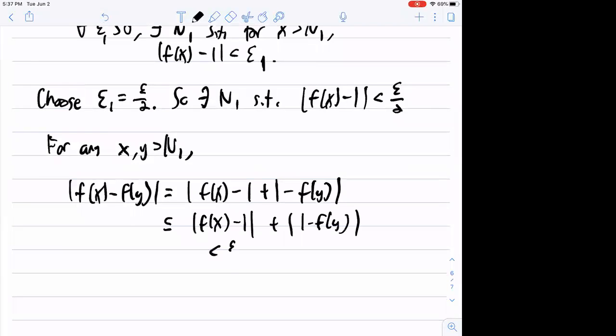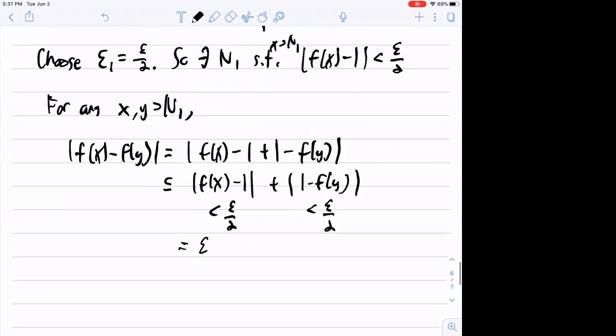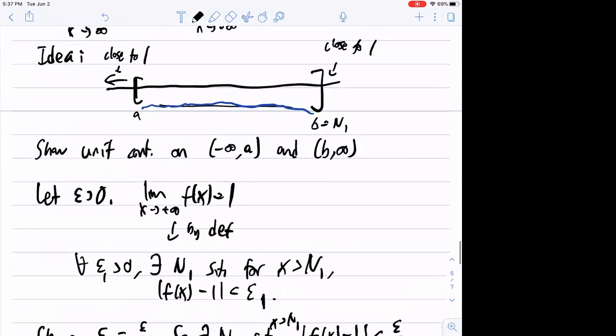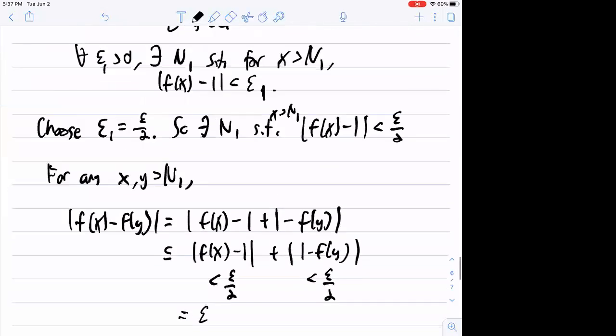And then this is less than epsilon over 2, and this is less than epsilon over 2, for x bigger than n1. So then you're done, because this is epsilon, right? And then it's the same process for negative infinity, so you would get an n2.